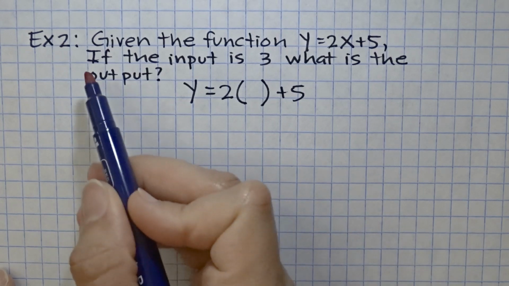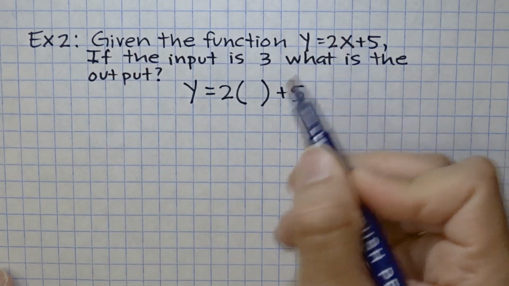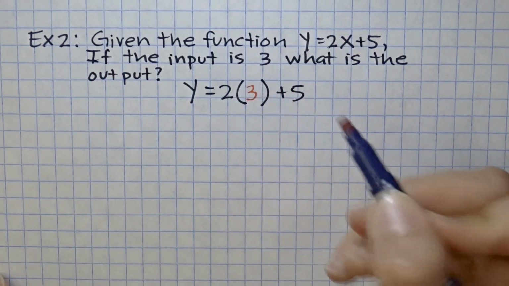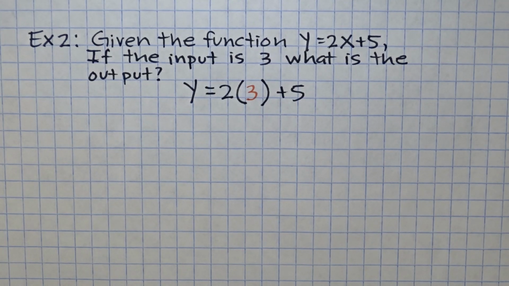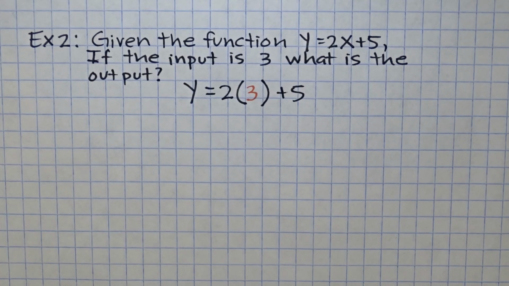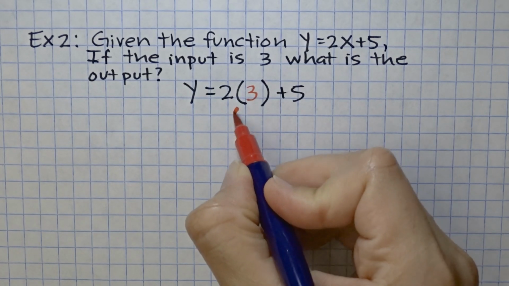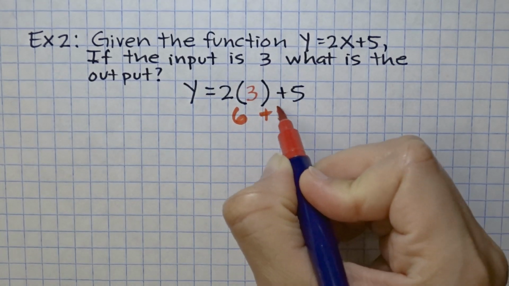All right, so the input is 3. That would be my x coordinate, so I'm putting a 3 in there. And when you do the math, y equals 2x plus 5 becomes y equals 2 times 3 plus 5. And 2 times 3 is 6, plus 5.